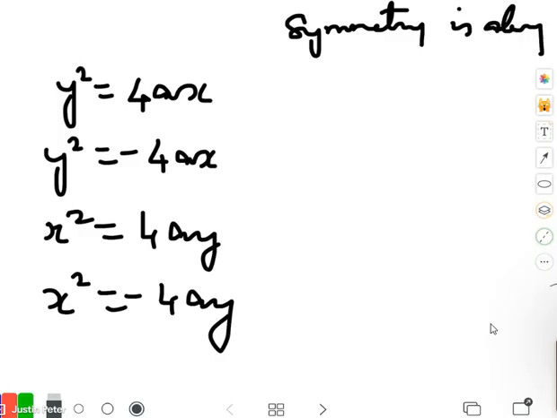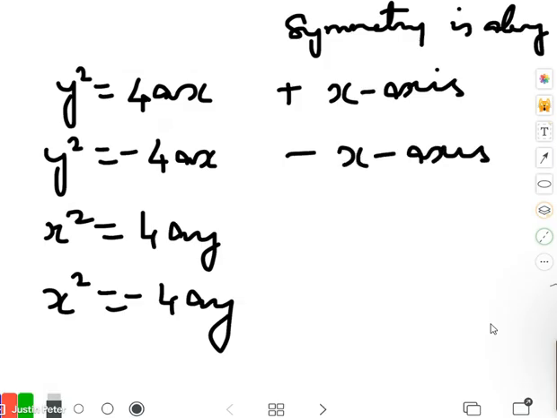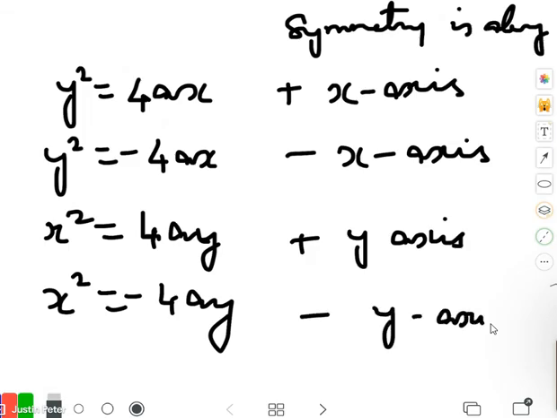For 4ax, symmetry is along the positive x-axis. For minus 4ax, it will be the negative x-axis. Then positive y-axis, and this is the negative y-axis. Is this clear?